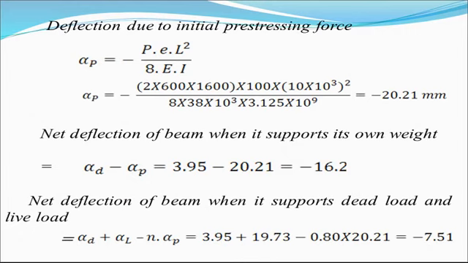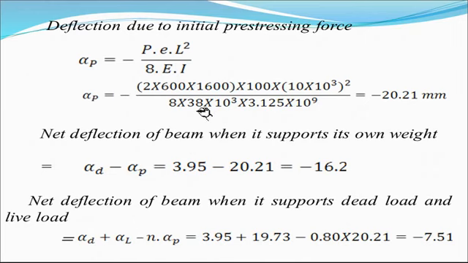Now, deflection due to the initial pre-stressing force without considering the losses. Here we consider the initial force P multiplied by e L squared divided by 8 EI. This is the standard formula. So 2 into 600, that is the area, multiplied by 1600, into the eccentricity 100, which is constant, and L is equal to 10 meters, so we have converted it into mm.